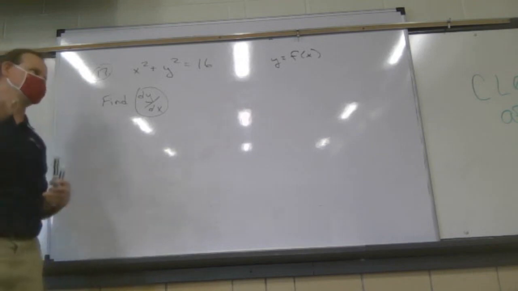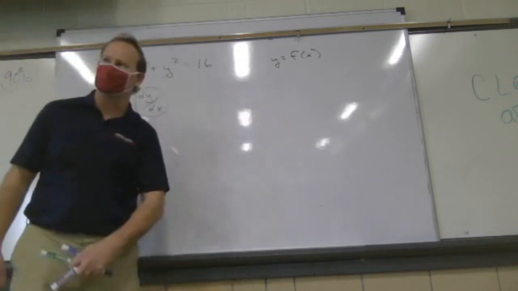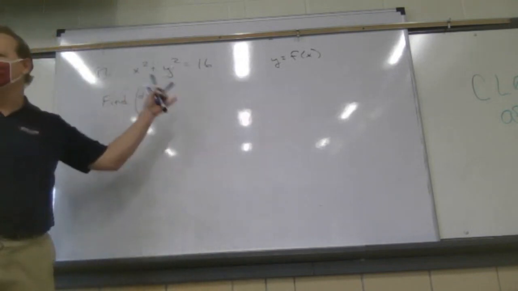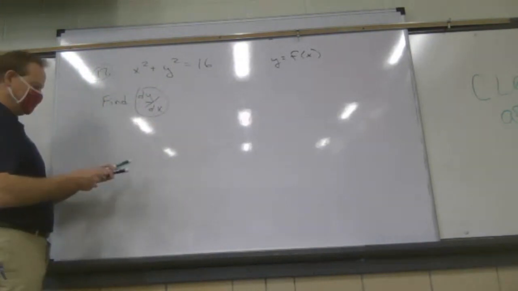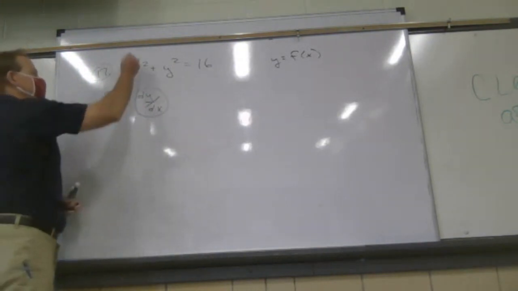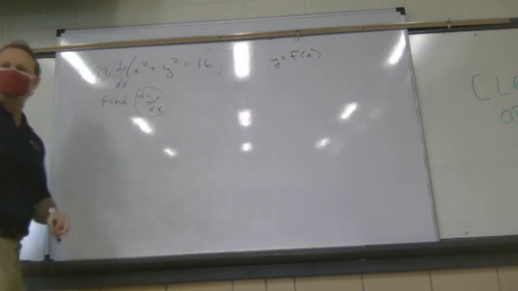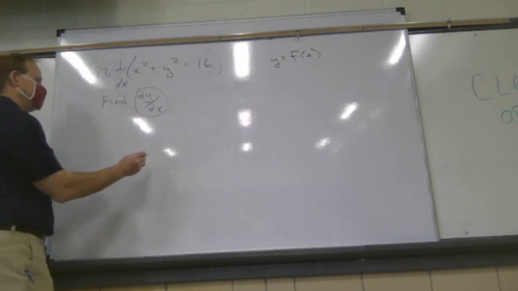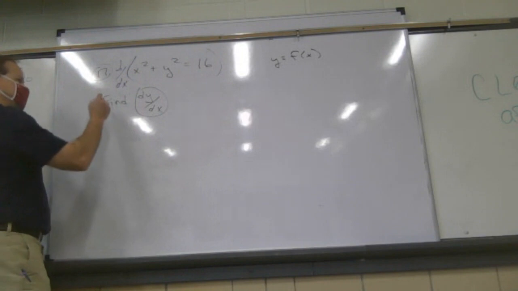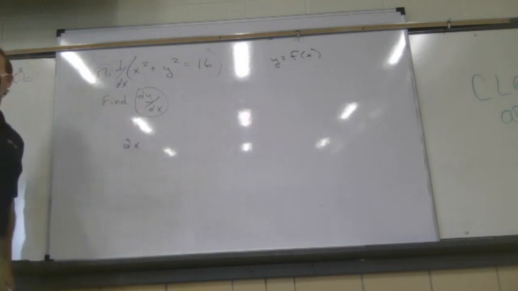Remember I said you can square both sides, you can add 5 to both sides, you can subtract 16 from both sides, but we can also take the derivative with respect to a variable on both sides. And since I want dy dx, let's take the derivative of both sides with respect to x. Is that allowed? Okay, and then what's the derivative of x squared with respect to x? 2x, right?